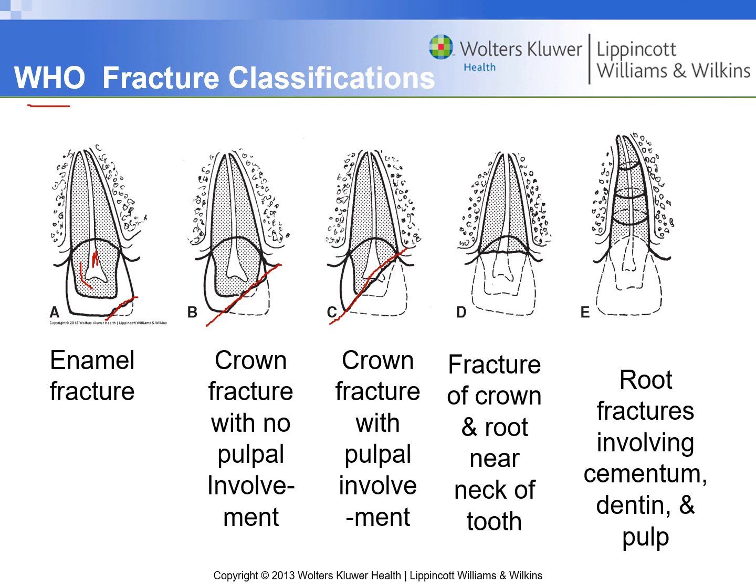But at any rate, D is a fracture of the crown and root near the neck of the tooth, so the crown of the tooth and part of the root, close to the margins here. This root fracture involves even cementum and dentin and pulp.